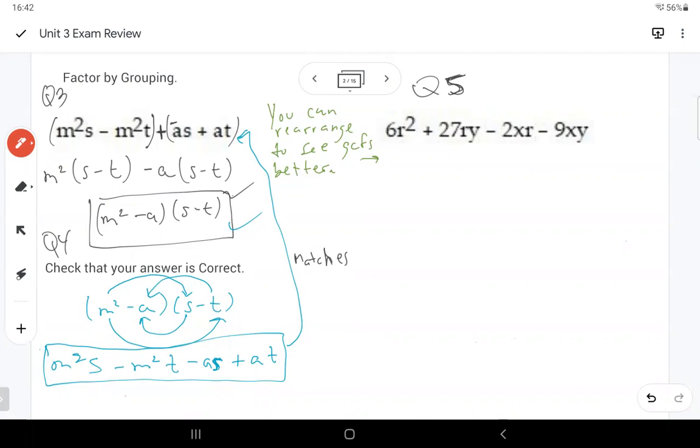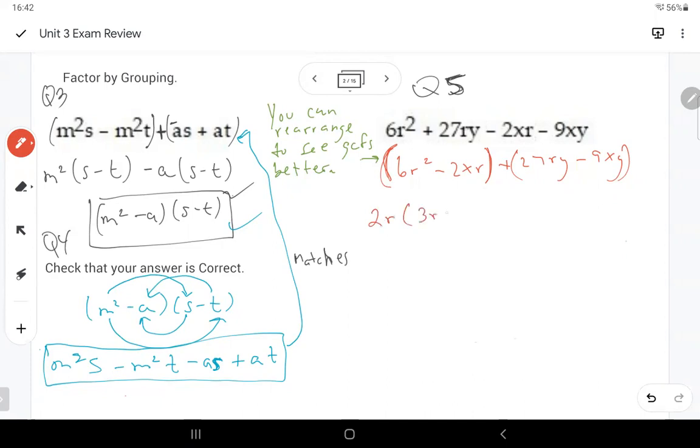Pretty cool. So I am going to rearrange this. I'm going to do 6r squared minus 2xr and then plus 27ry minus 9xy. The reason why I'm doing this is because, number one, it gets rid of that negative being in the middle, and number two, I think it's easier for students to see 6 and 2 having a GCF than it is to see 6 and 27, but that's just me. So we are going to pull out a 2r.